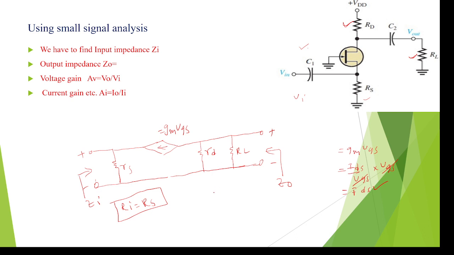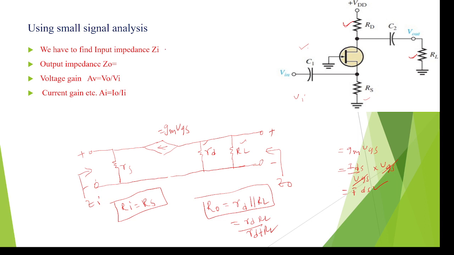And coming to the output side, what is the output resistance? Ro equals RD parallel to RL, or else you can write RD multiplied with RL divided by RD plus RL. So this is the output impedance.